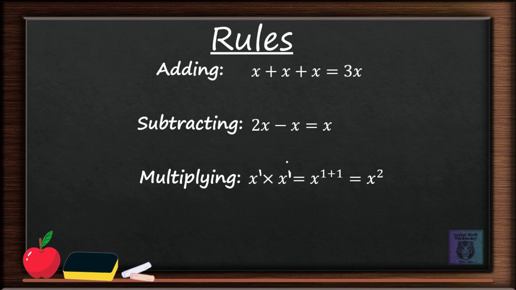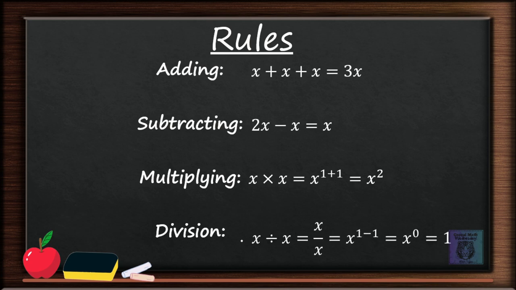So it means x to the power of 1, times x to the power of 1, you would get the 1 plus the 1. So when you multiply them, you add the powers. So it's not like adding and subtracting, where the term or the variable have to be the same. And you will end up with x to the power of 2.